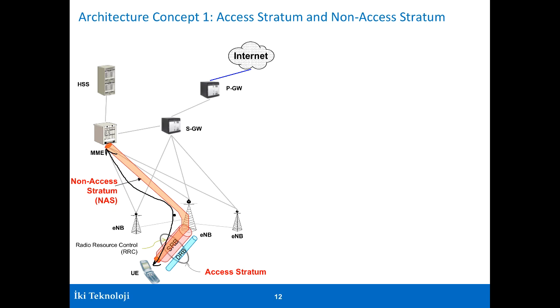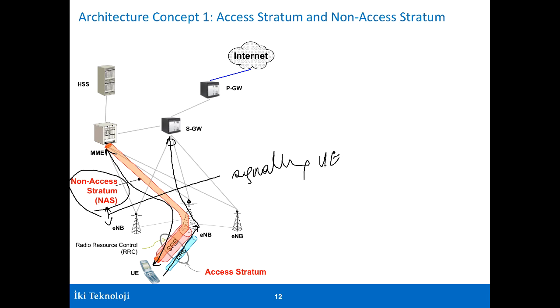So all these messages that are going between the mobile and the MME are called non-access stratum. Keep in mind that non-access stratum does not include the user plane IP packets that go over DRB and go to the serving gateway. So that is not part of NAS. NAS, or non-access stratum, is mainly the signaling between UE and MME. All right.